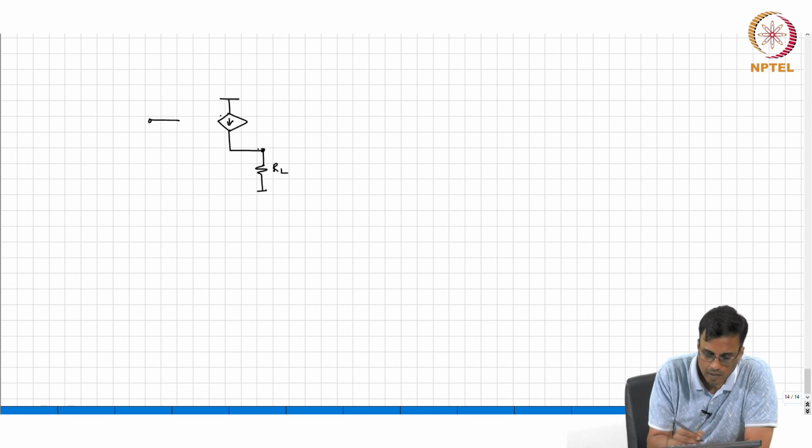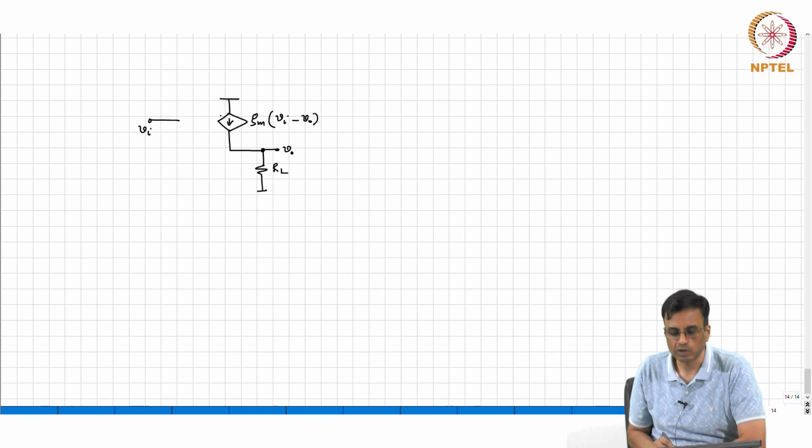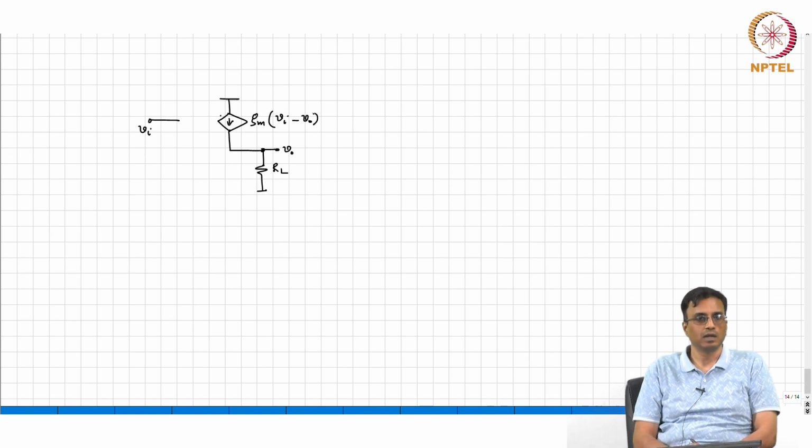This is RL, this is VI, and this is GM times VI minus VO. And what should the GM be? Ideally infinite. In practice, it's very large. And what is that very large? GM must be much larger than 1 by RL.